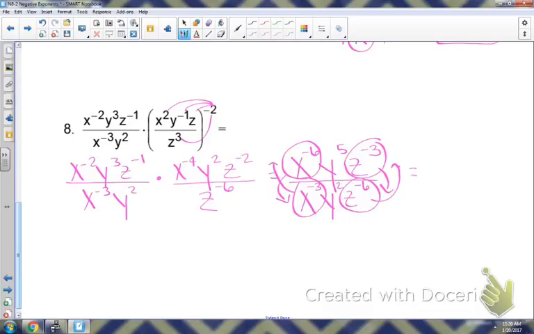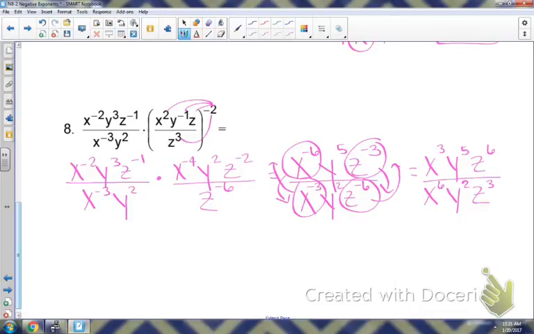So now on top, I'm going to have an x cubed, y to the 5th, because that was already there, and then a z to the 6th. The bottom, now I'm moving that x down, so x to the 6th. I already had a y squared, and then we brought down the z cubed. Okay, so we got rid of the negative exponents.